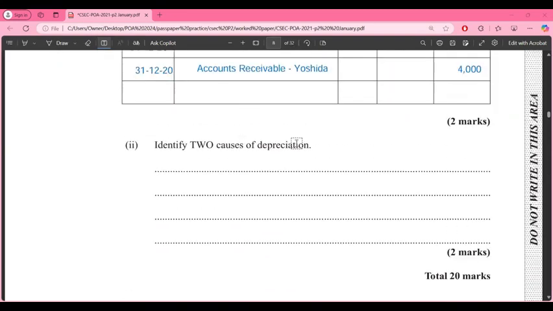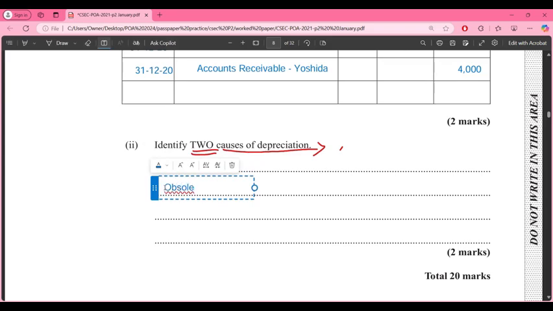The next question is identify 2 causes of depreciation. And this is what you think are the causes of depreciation. So the first one is wear and tear. So you just write wear and tear. You don't need to write 2 causes of depreciation. All you need to do is just write it, identify 2.